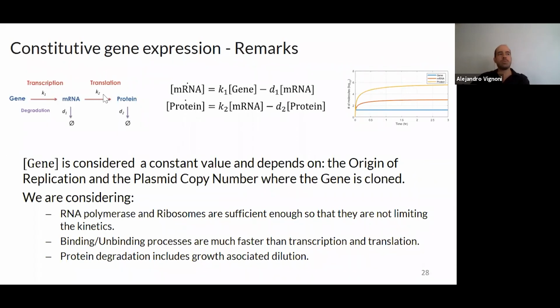And then we have also the translation process which converts the mRNA into protein, which also will be part of the amount. The amount of protein will be a function of both the promoter activity that you are saying here and the ribosomal activity, which depends on the RBS that we put there and so on.